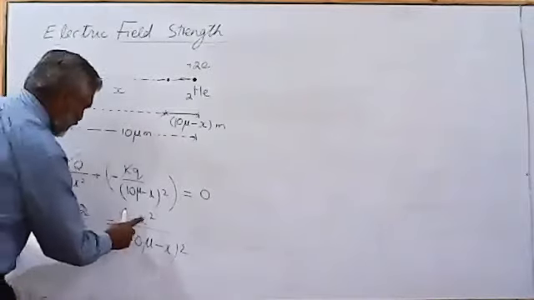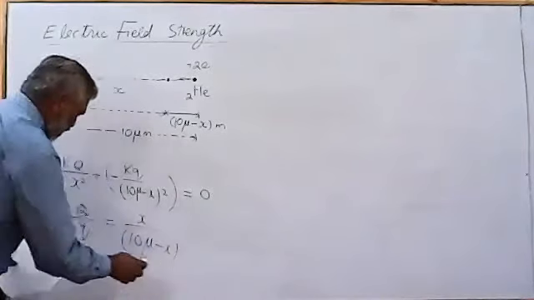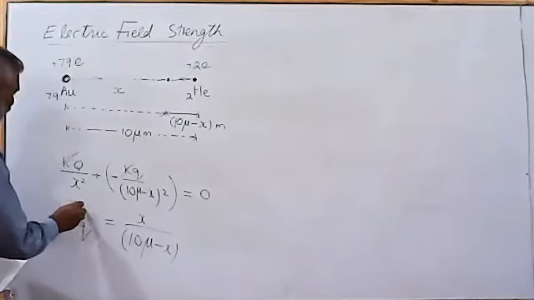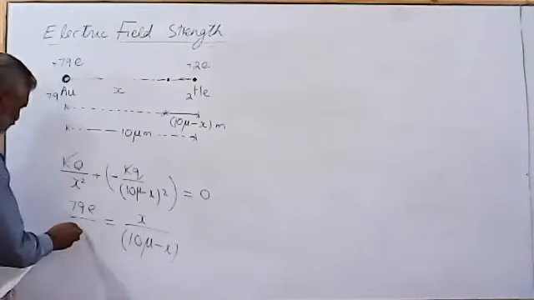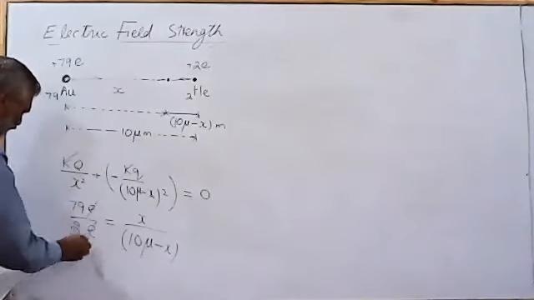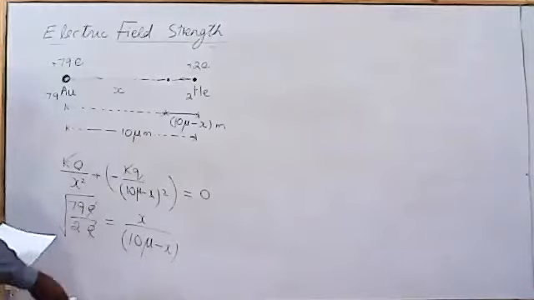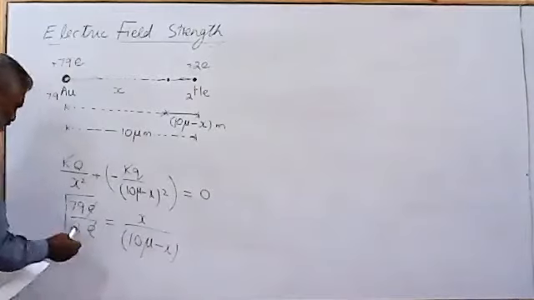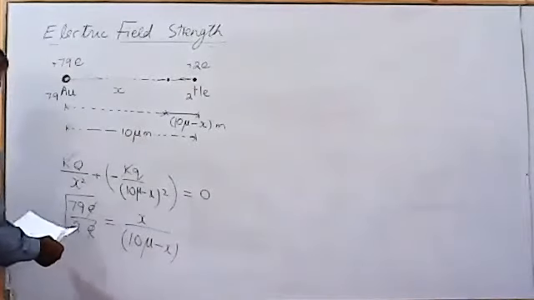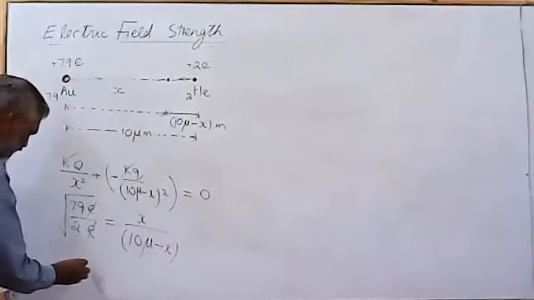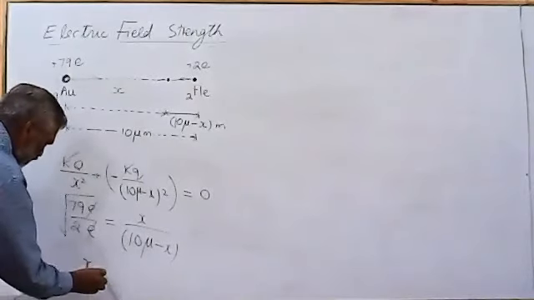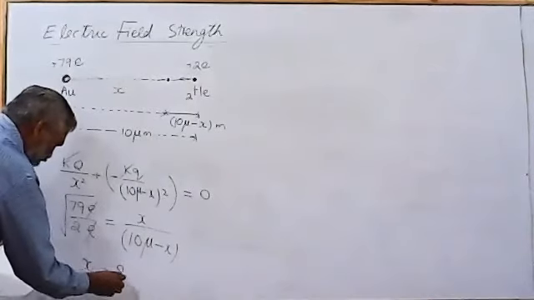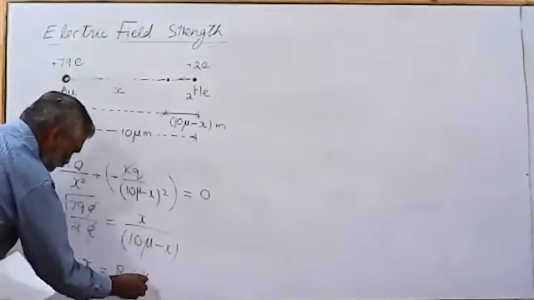And if I remove the square from here, and this Q is taken 79e, this q is taken 2e, these two e's get cancelled, and I take the under root because I have removed the square from this side. This is now a very simple algebraic equation, and it simplifies to x is equal to, as I have done this calculation, it shows that it is 8.6 micrometer.